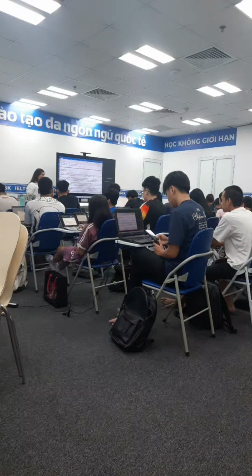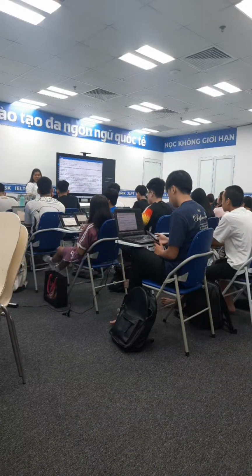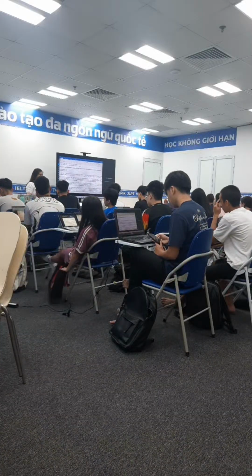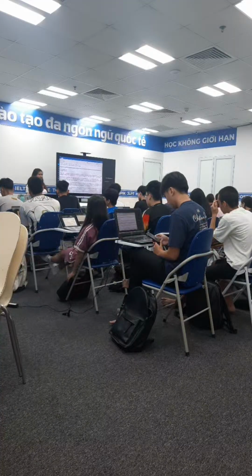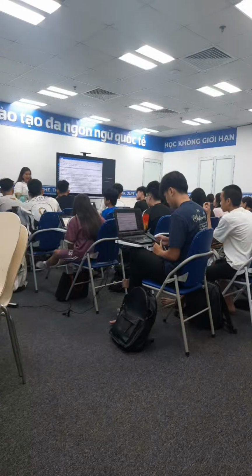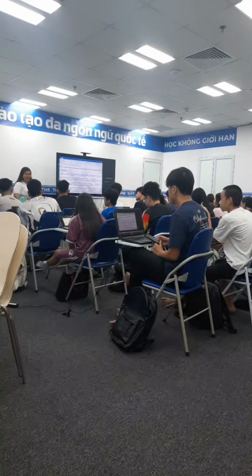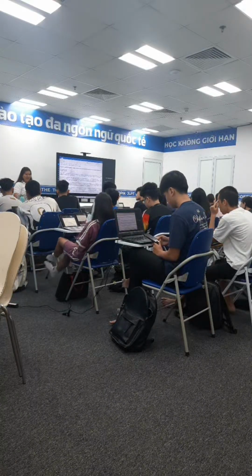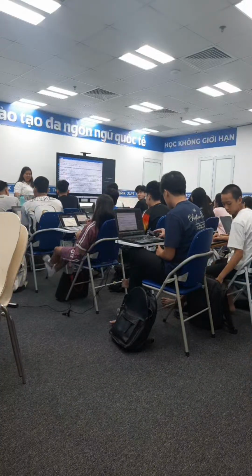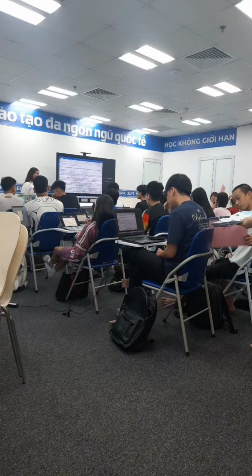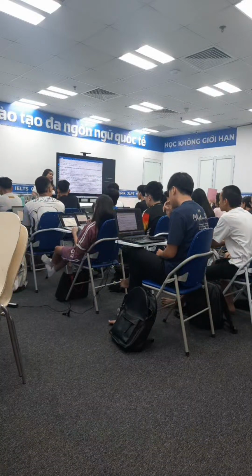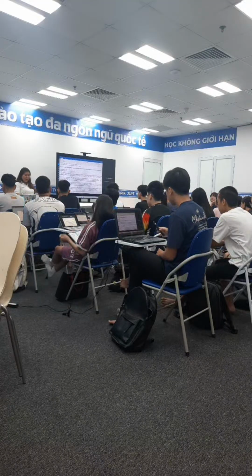What is the correct form of be? Is, are, am, is being, are being, am being. So what's the correct form of be here? Come on. Is. All you have to do is to write is.